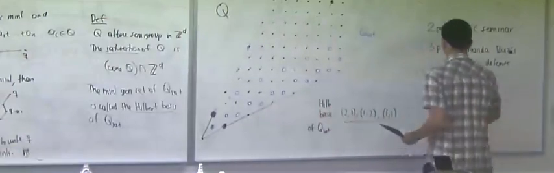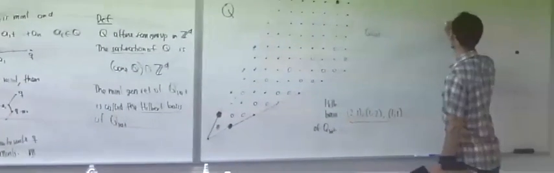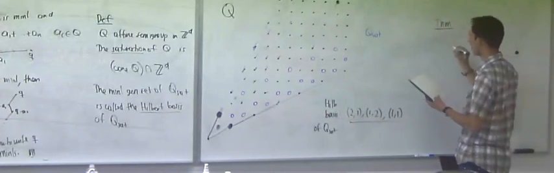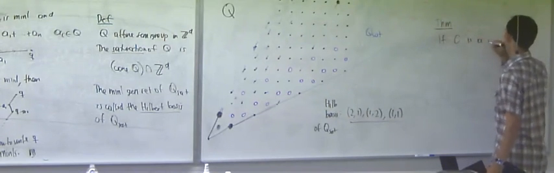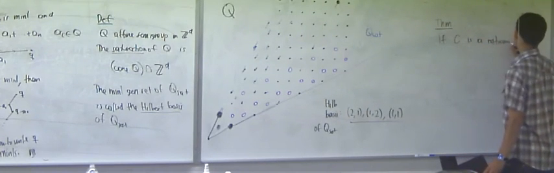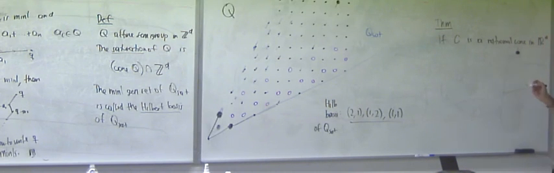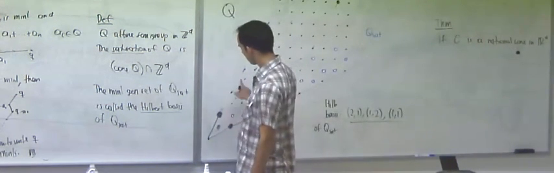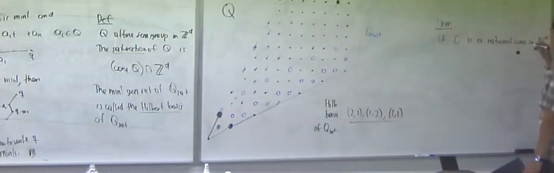And I just want to make another statement here, which is the following. If C is a rational cone in R^d, and what do I mean by rational? What I mean is that the extremal rays should be rational vectors. Okay.